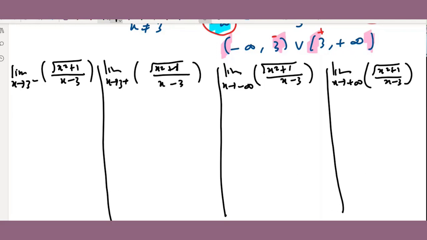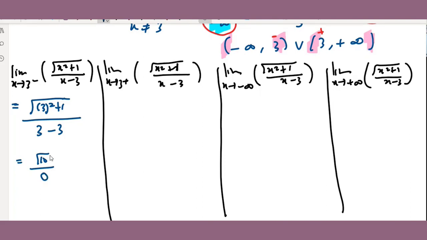The next step: first, substitute directly. Whatever it is, you have to substitute directly. Substitute 3 squared plus 1, ignoring the negative or positive sign, just take 3. And 3 minus 3 is 0. 9 plus 1 is 10, so 10 over 0.